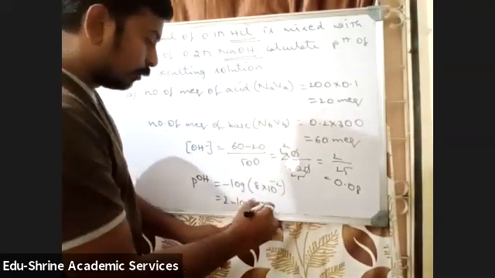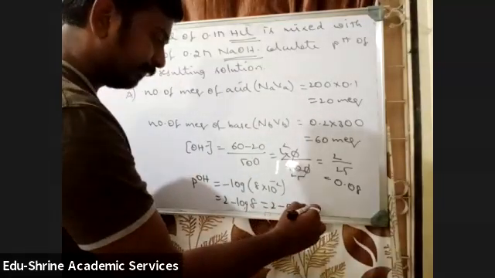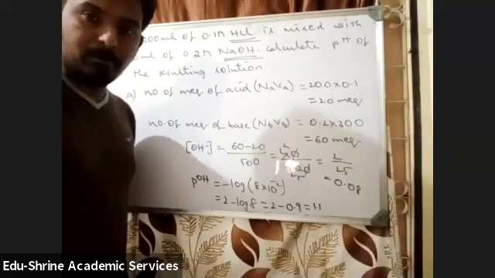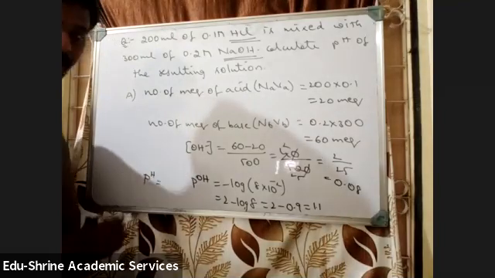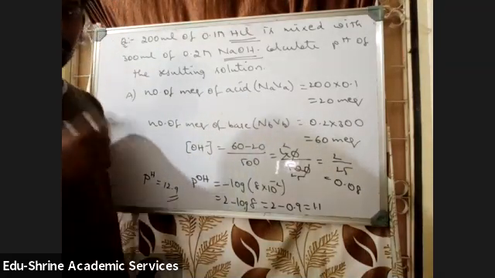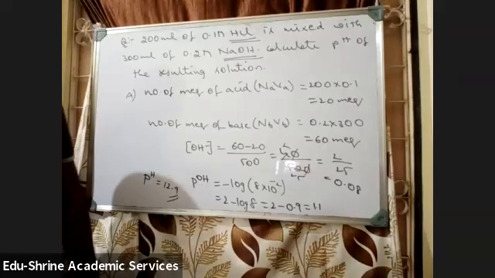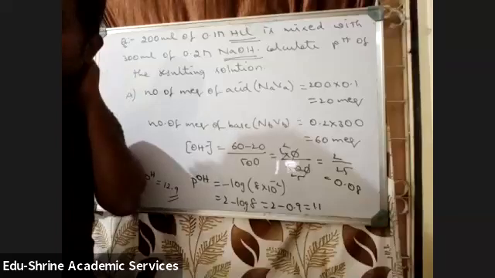So 2 minus 0.9 is 1.1. pOH is 1.1. So what will be pH? 12.9.